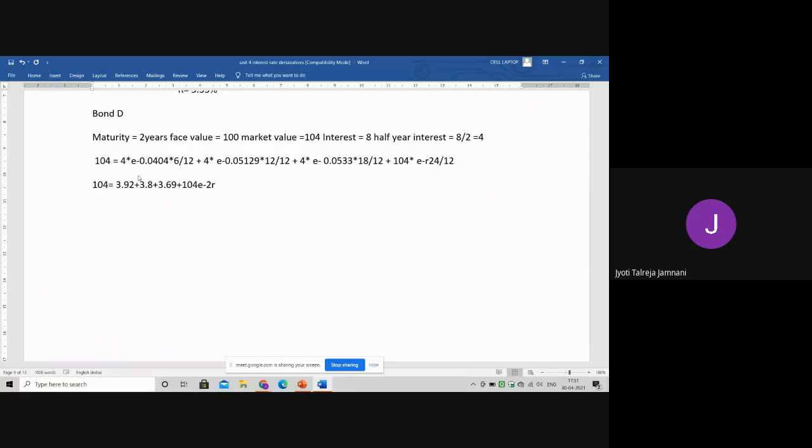So it will be 104 minus 11.4. 11.4 is equal to 104 into e raised to minus 2r. After subtracting, you get 92.5.